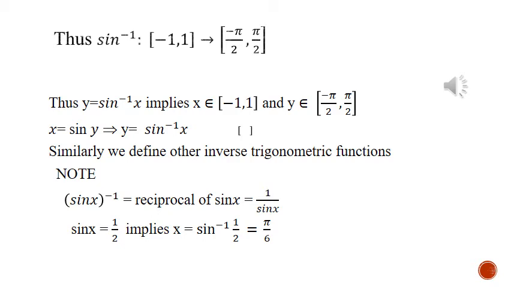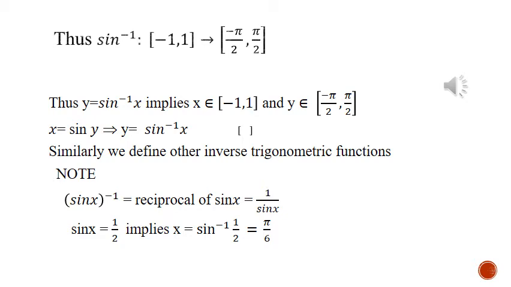Now when we say y equal to sine inverse x, remember x belongs to the domain minus 1, 1 and y belongs to the closed interval minus pi by 2 to pi by 2. Now when we say x is equal to sine y, we can write y is equal to sine inverse x.